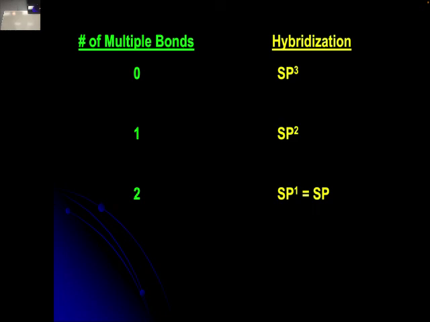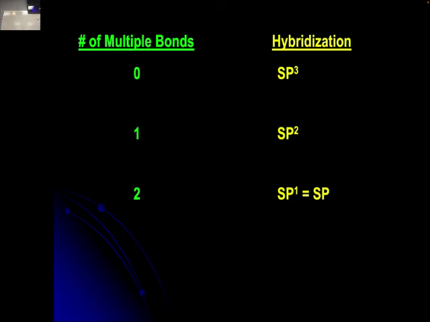And so how do I identify that? I'm going to show you the easy way to do this. So let's look at an example. Let's say we have carbon dioxide. And I ask you, what is the hybridization of this carbon? All you have to be able to do is count the number of multiple bonds to that atom.